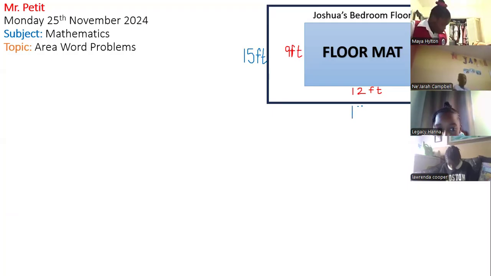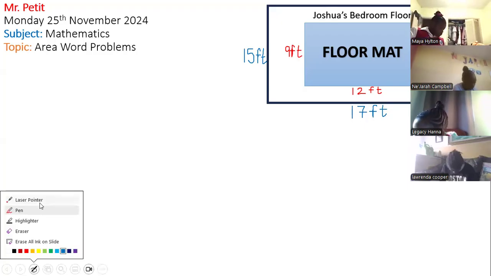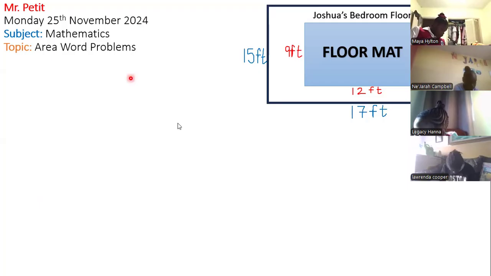About 17 feet out. Okay, so this is area word problems. So we have the floor mat, which is 9 feet on this side, 12 feet on this side. We have the entire bedroom floor, which is 17 feet in length and 14 feet wide.